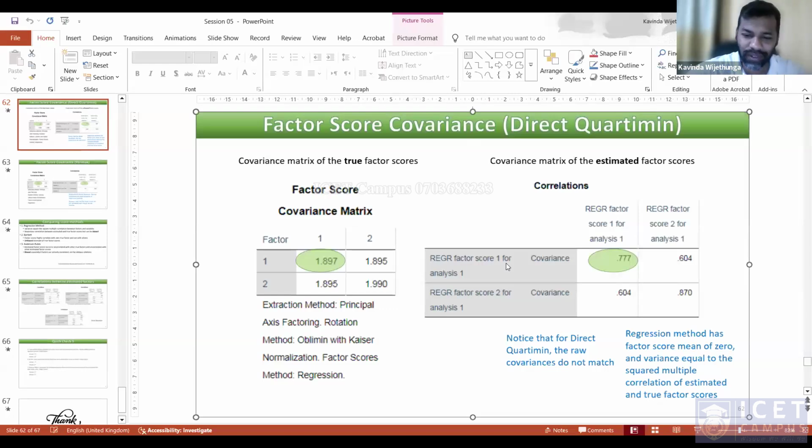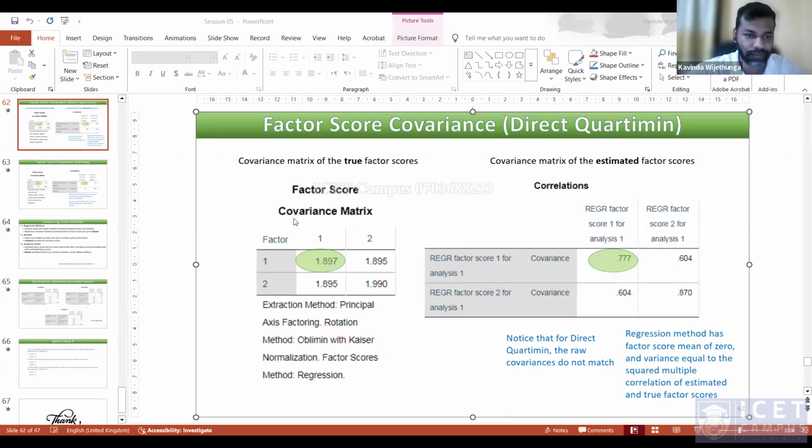Then it's very easy. This worksheet, it's very easy to get the Cronbach alpha coefficient, right? It's very easy actually. We can go to Analyze, Scale, Reliability Analysis.